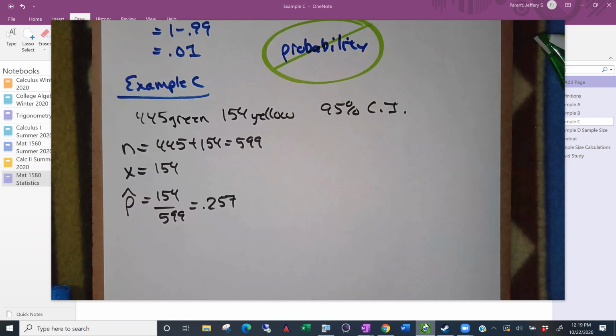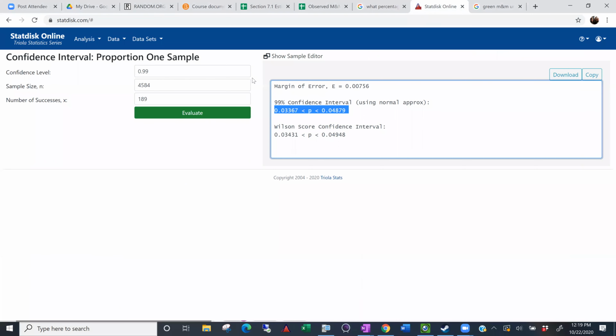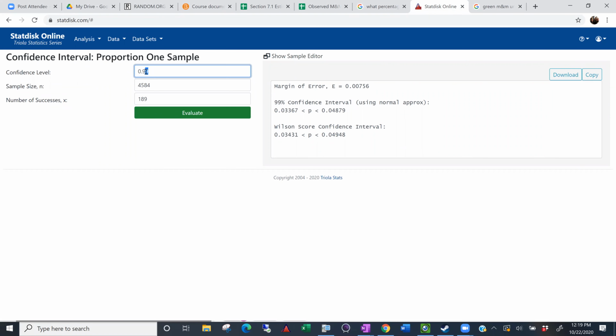In fact, this whole problem has gotten a lot easier because now we're just going to go to Statdisk and type in the data. We need to change this to a 95% confidence level. 599 trials, 154 of them were successes, and bam, there you go.